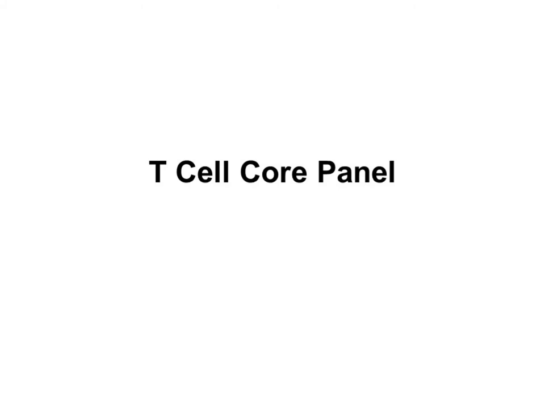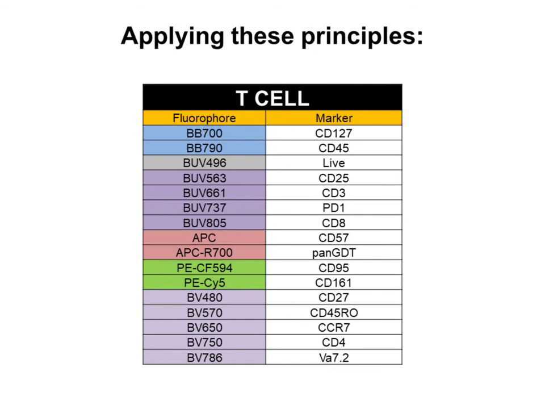So we will focus on the T-cell core panel now. Here is the combination of fluorochrome and the markers, and by applying all the principles we know and that many of us are using, plus the one I introduced today, we came up with the core panel.